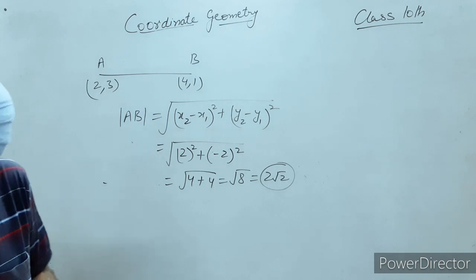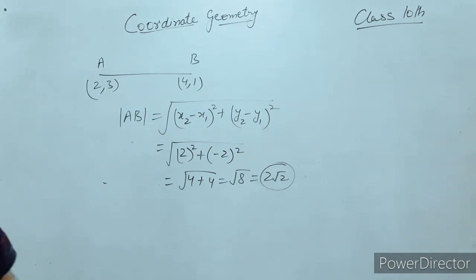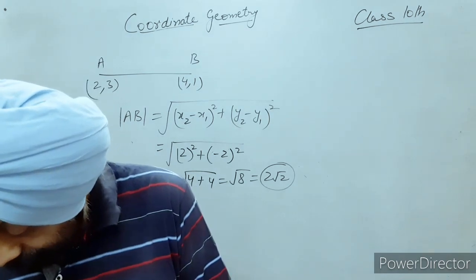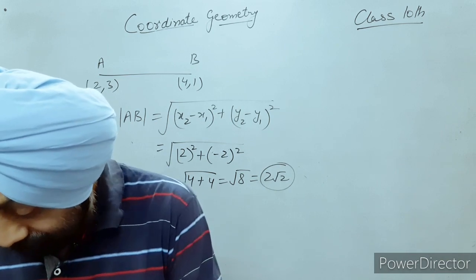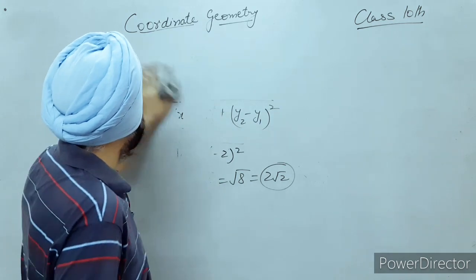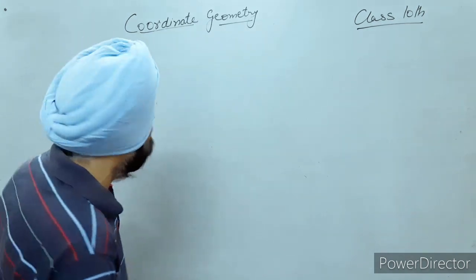Right? Now, second question is, say we have to prove that 3 points are collinear or not using distance formula. Now how we will prove 3 points collinear using distance formula?